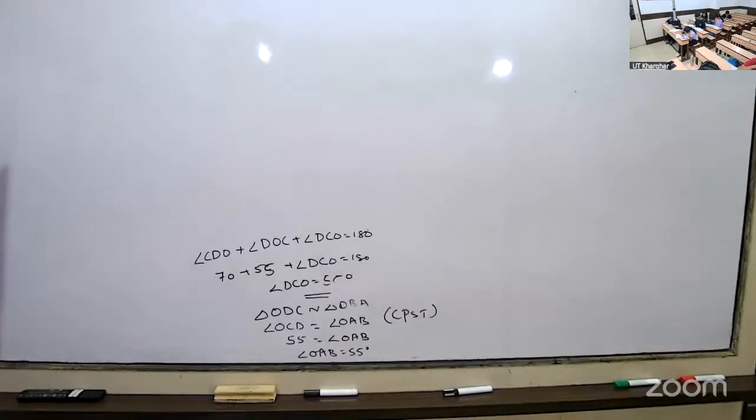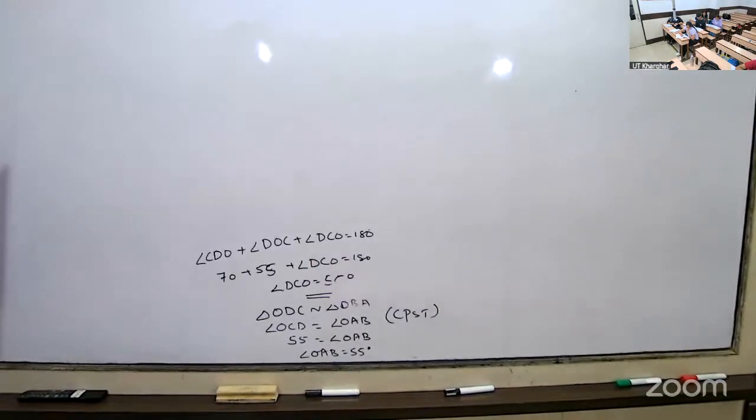Now, one small hint if I give you, you'll get that. Angle 1 and angle 2 are the angles of a triangle. Which triangle? Or you can apply the isosceles triangle property.